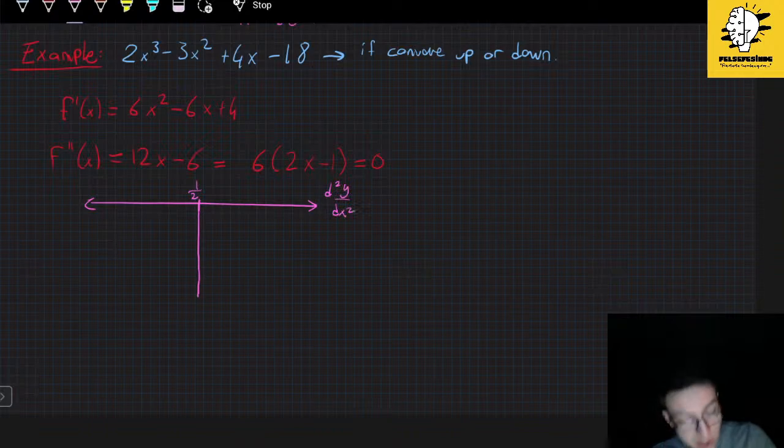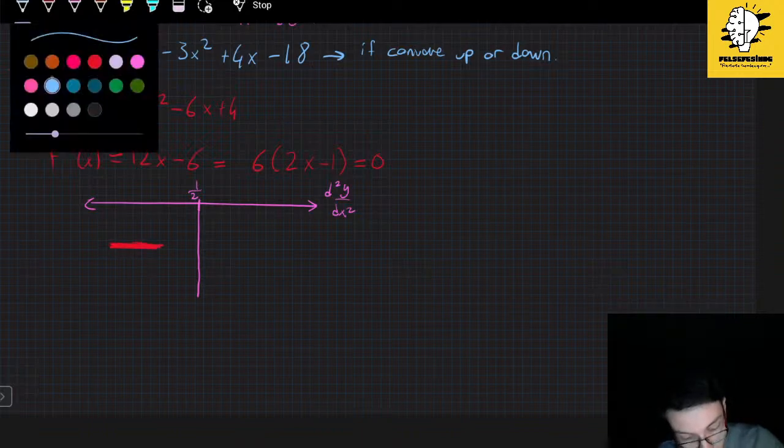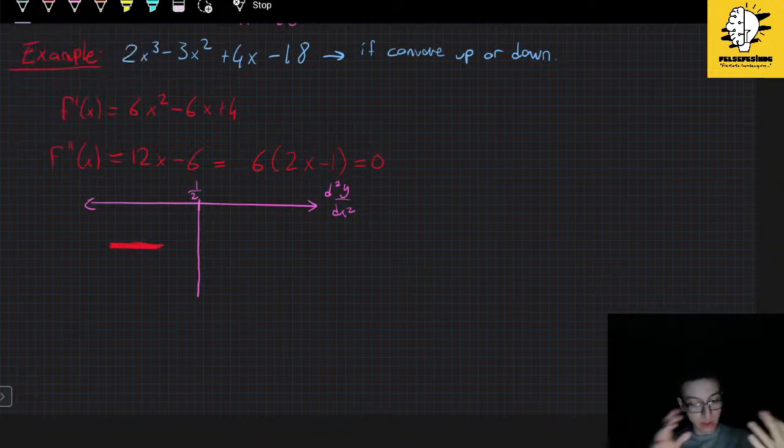Just try to identify by substituting 0 and 1 into the equation if it is positive or negative. So when I substitute 0 here, it is 6 times -1, so -6. So here on the left hand side I have a negative. Those values are negative. Now let's switch to the right hand side. Let's substitute 1, which is greater than 1/2. When I substitute 1, I see that I have 6.